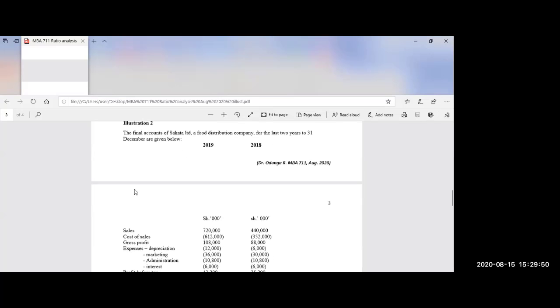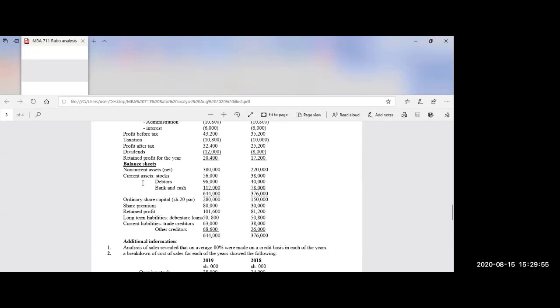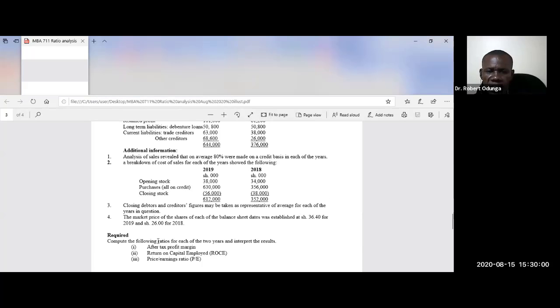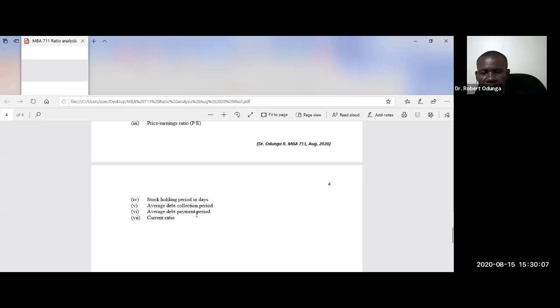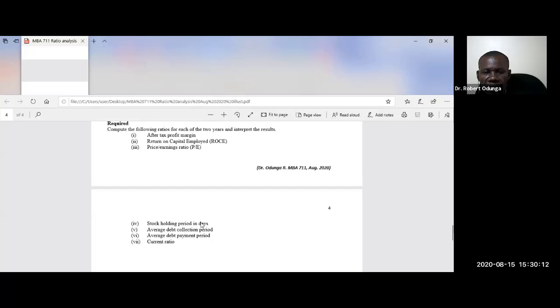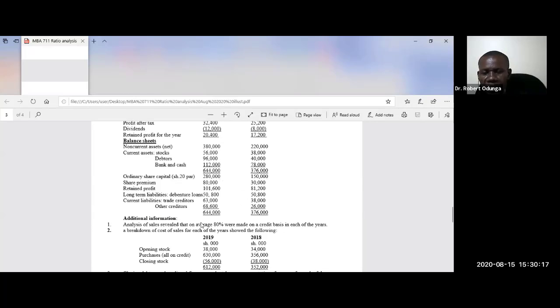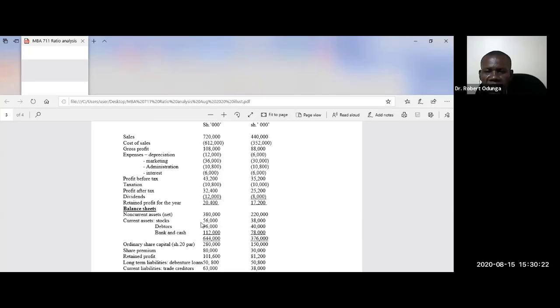There is illustration 2, which I want you to go and try on your own, and probably next time we meet, you can ask questions if you need clarification on this. This is just to practice and understand how we need to appreciate ratios as an important tool for managers to enable them to make decisions.